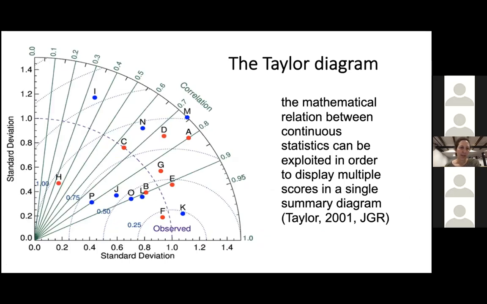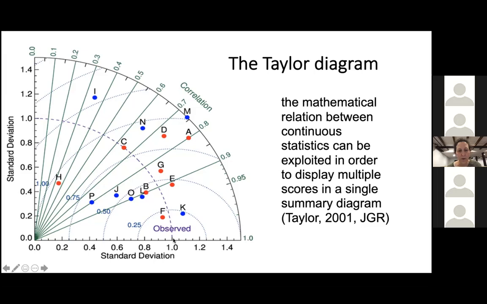The relationship between the continuous statistics can be exploited also to display them all in a single summary diagram. This is an example of this type of diagram. This is the Taylor diagram introduced by Taylor in 2001. In this plot, along the circle, you have the correlations. For example, the point K here has a much larger correlation than the point I here.